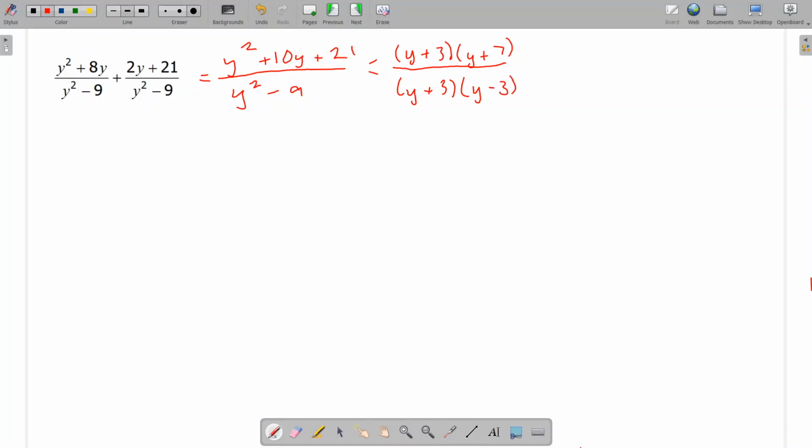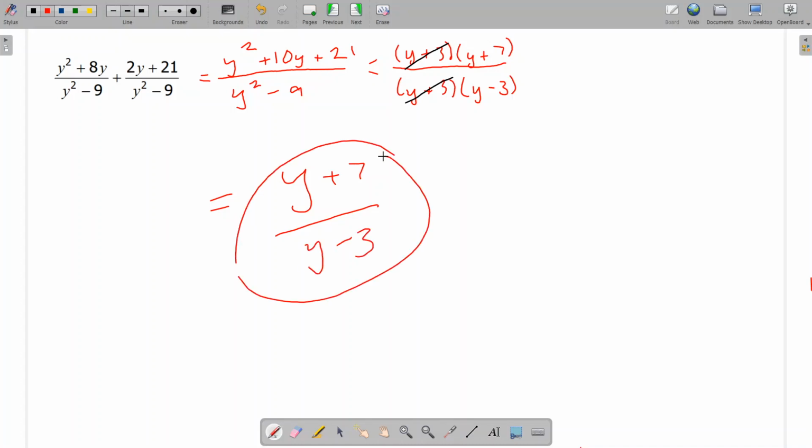And then I can cancel out those common binomials and get my final answer, which is y plus 7 over y minus 3. So the only part that's going to be different is we have to actually combine these fractions together first.